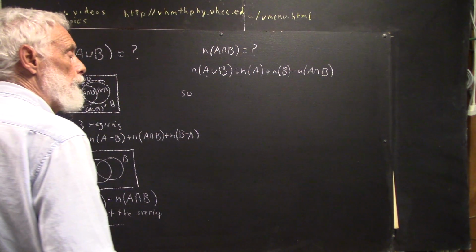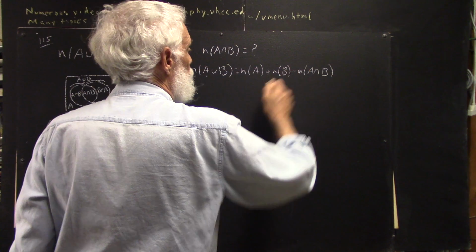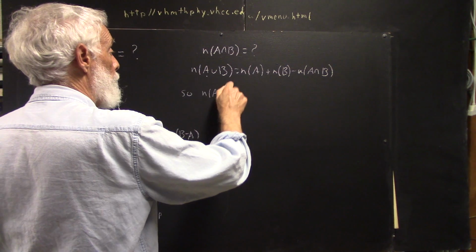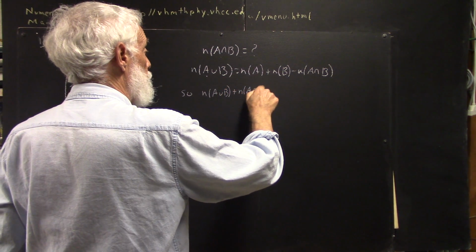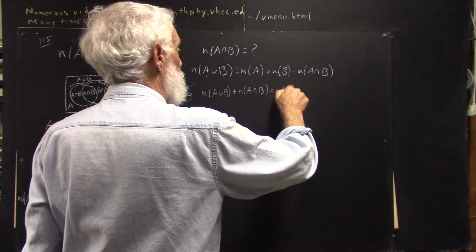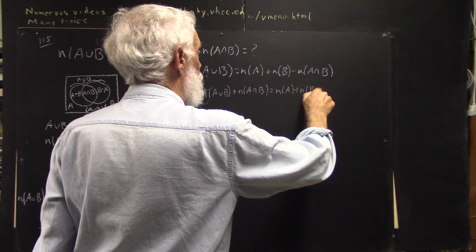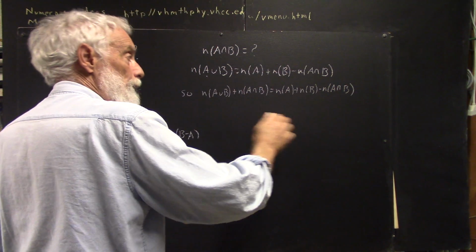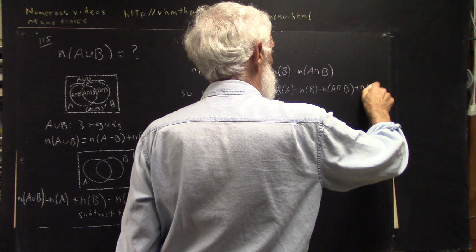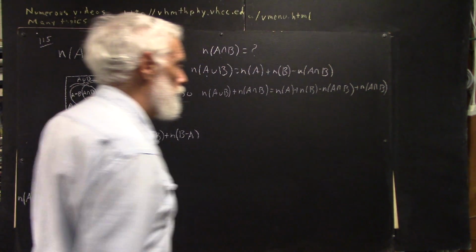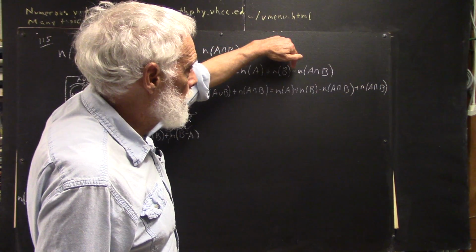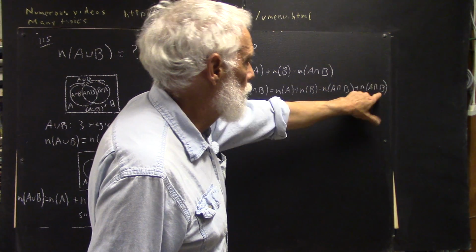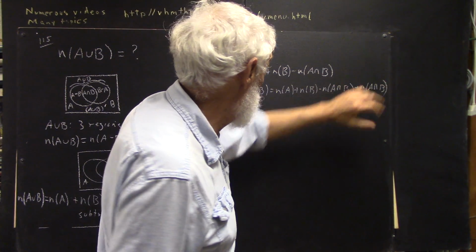So, we could add the number in A intersection B to both sides. Number in A union B plus the number in A intersection B is the number in A plus the number in B minus the number in A intersection B plus the number in A intersection B. So this showing up as a negative here, if we add it to both sides, we're going to have the negative of that number and we're going to add it to that number, and that's just going to give us 0 over here.